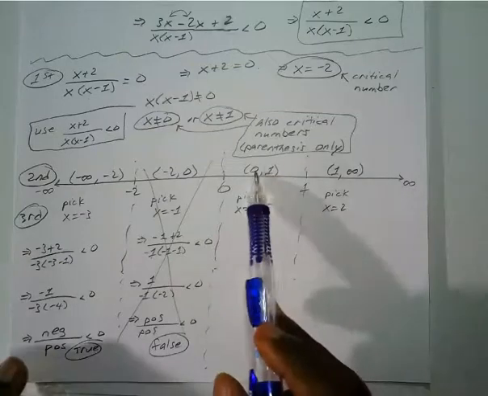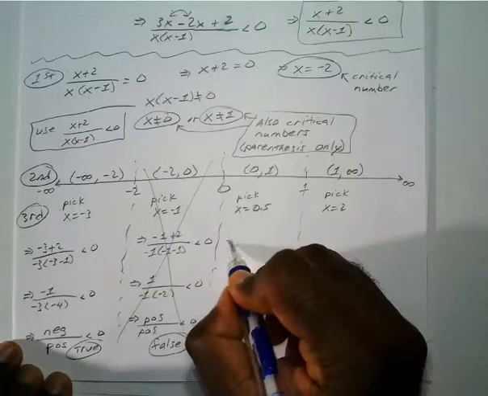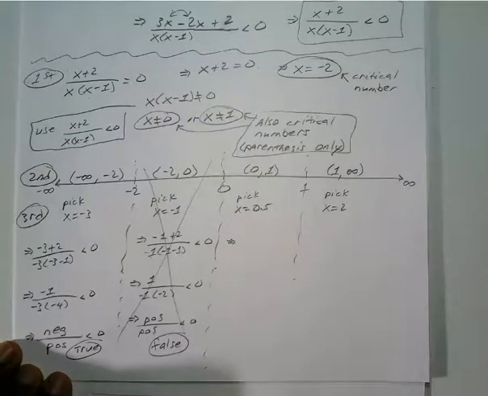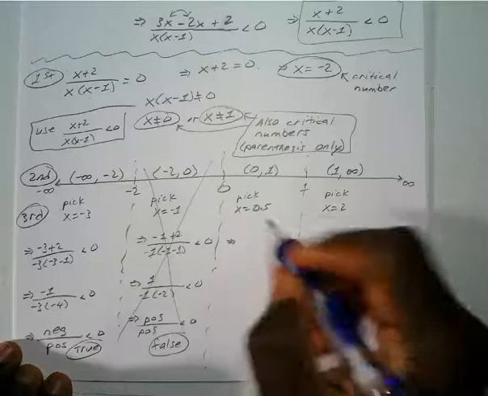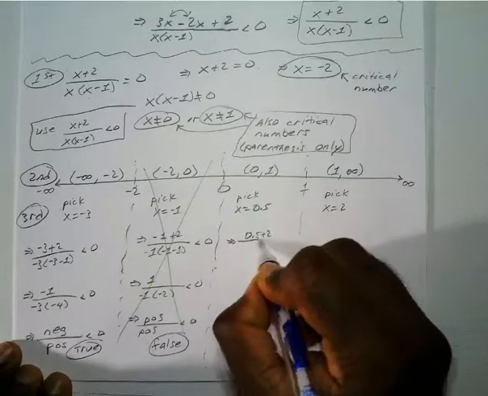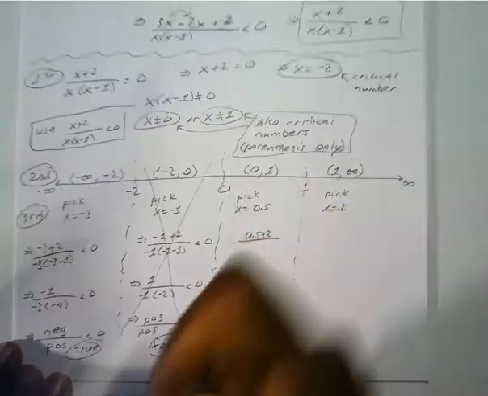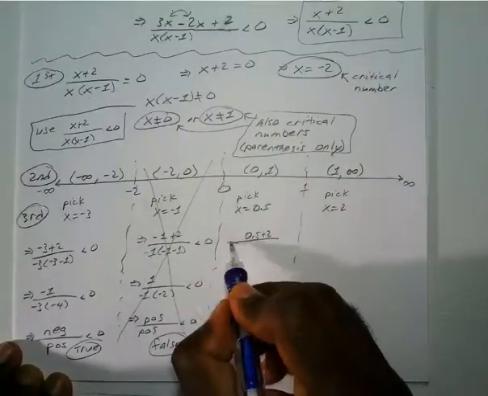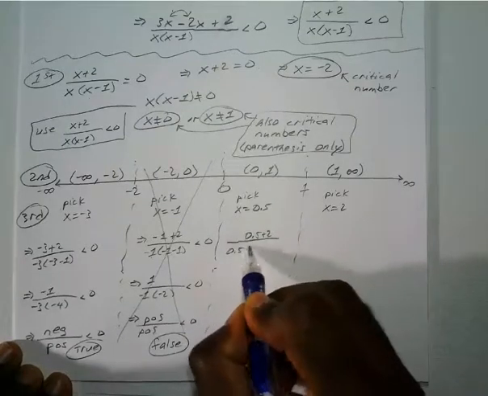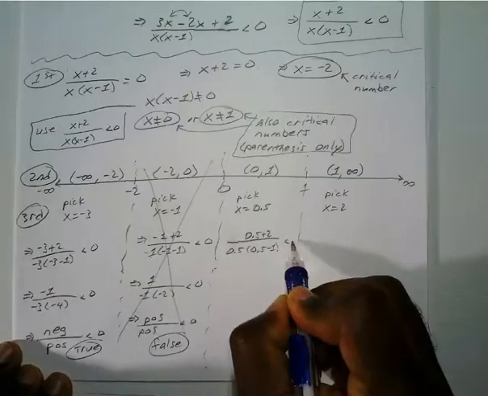Okay, so from 0 to 1, we picked 0.5. And this is where the shortcuts really come in handy when you have decimal numbers. So we have 0.5 plus 2 over 0.5 times 0.5 minus 1 is less than 0.